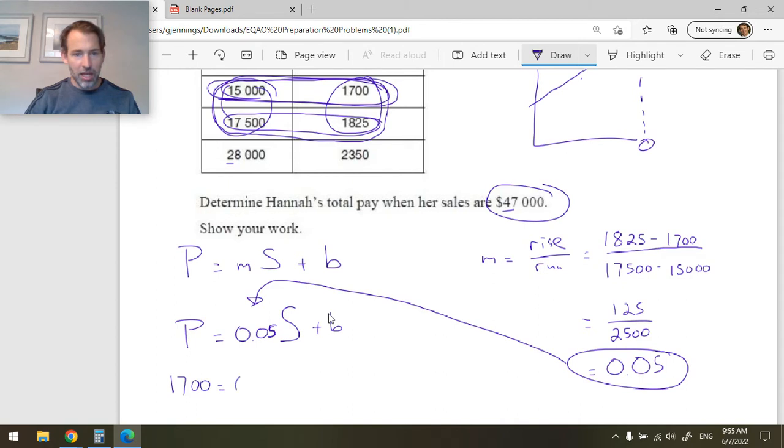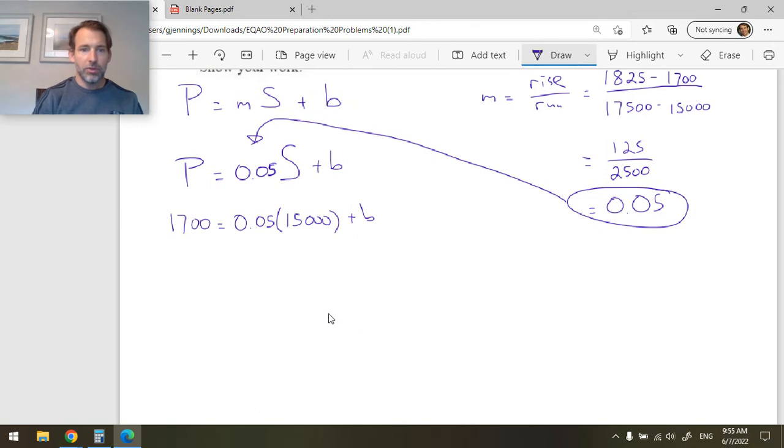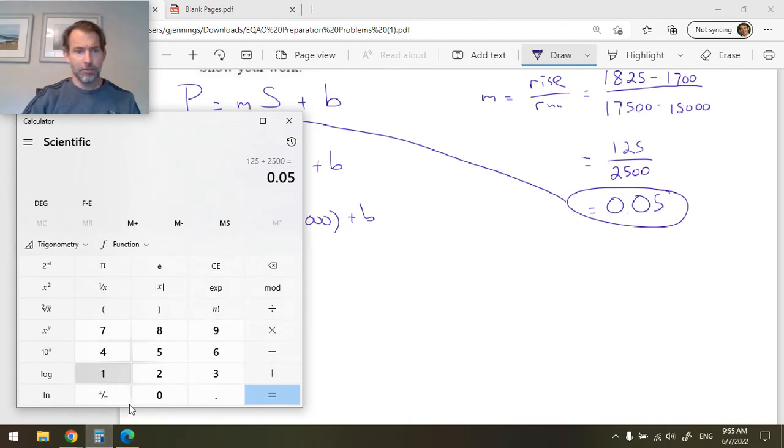$1,700 is her pay if you take 0.05, multiply it by her sales, which is 15,000 in this case, and then add her base salary. So in this case, this multiplied by a nickel would be, is it 300? I don't think it's 300.